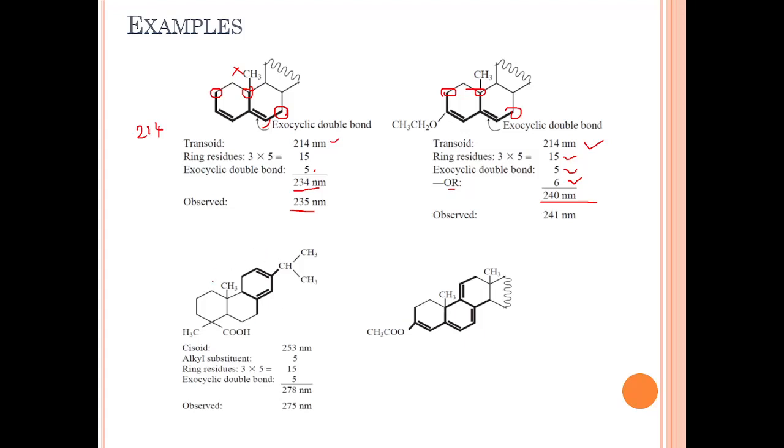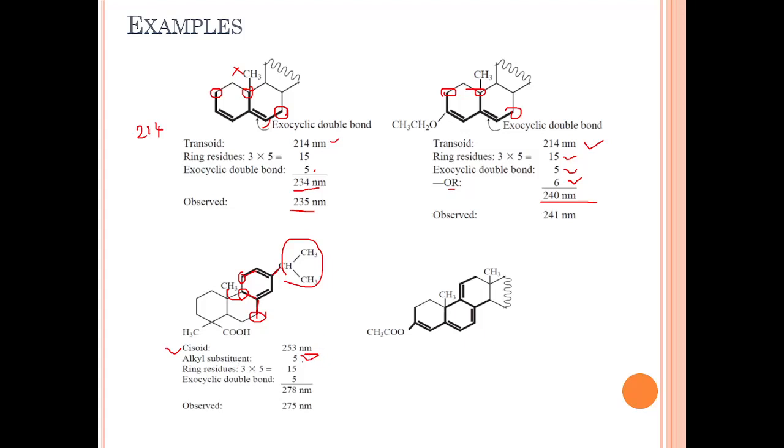Now these are the cisoid or homoannular dienes. As you know, the basic value is 214 plus 39, that is 253, and on 253 we have one alkyl substituent accounting for 5 and 3 different ring residues. Okay, these are the ring residues over here. This is our system, double bond, single bond, double bond, and here we have one ring residue, another ring residue, and another ring residue, 3. Plus we have one alkyl substituent.